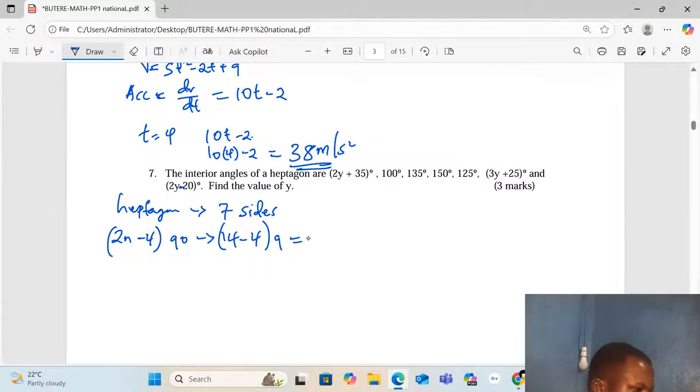So that one gives us 900 for a heptagon. Now, therefore, we add everything.